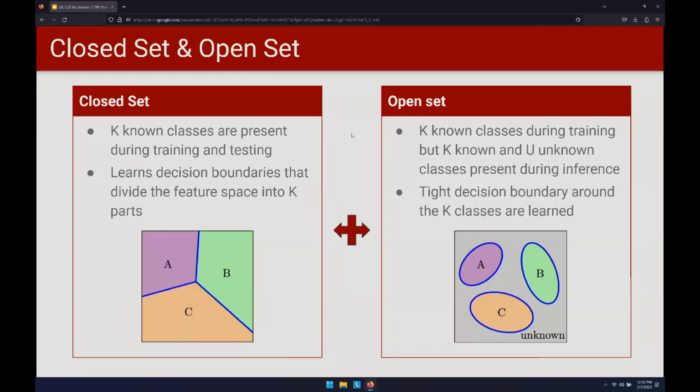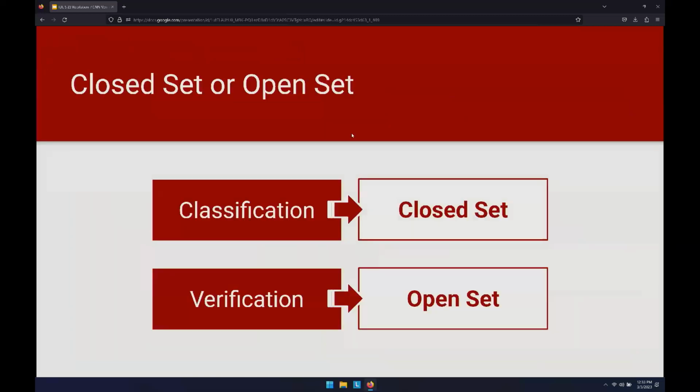As you can see on the slides, in the closed set problem, your model essentially learns boundaries which separate a class from other classes, whereas in the open set problem, your model learns tight boundaries around the classes that are shown in the image. As you can guess, classification is closed set, since we have a fixed number of classes, meaning all the images in the test set must be in one of the classes defined by the training set.